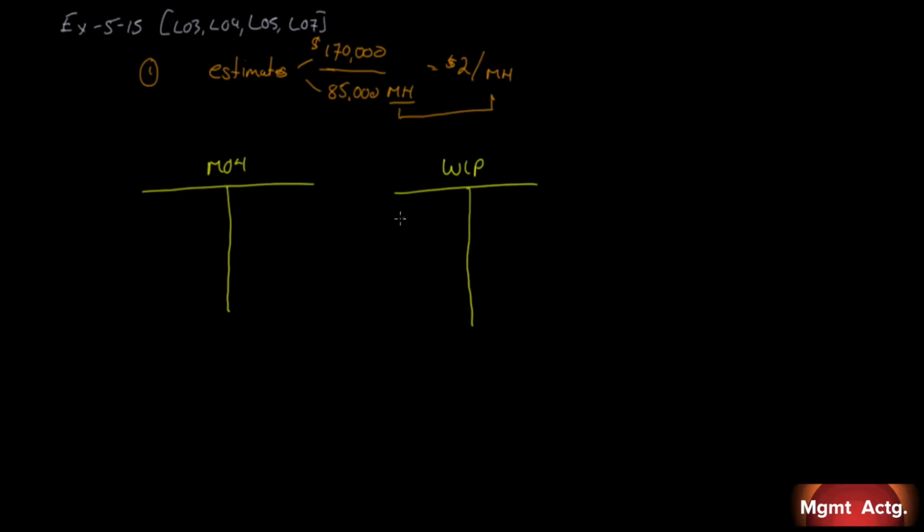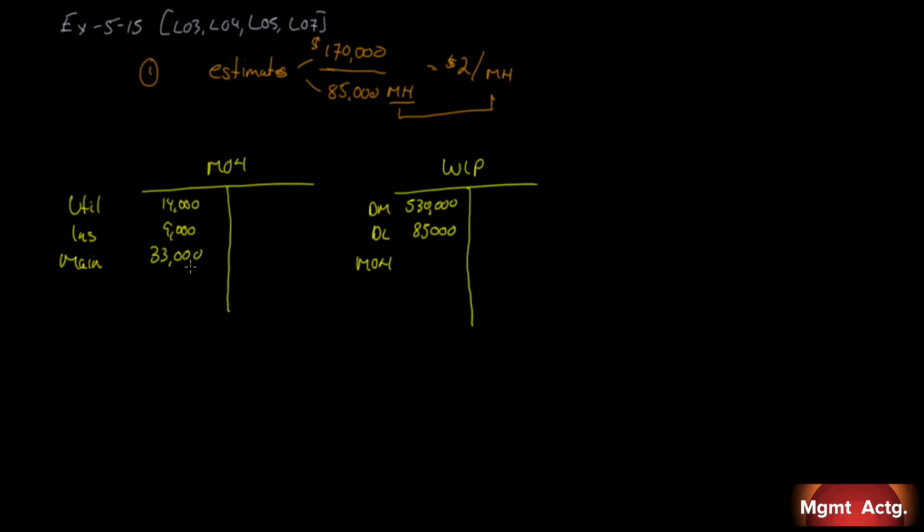And in our work in process, we're told that direct materials is $530,000, and direct labor is $85,000. But we don't have a number for manufacturing overhead. For manufacturing overhead, we are given a bunch of entries. Utilities at $14,000. Insurance at $9,000. Maintenance comes in at $33,000.